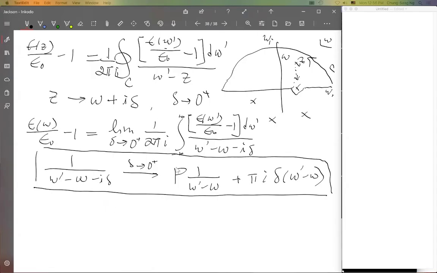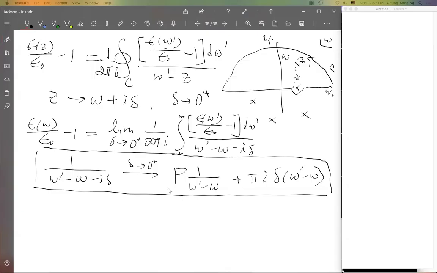The notation here, this capital P, is called the principal value or principal part. The delta function as well as this P is only meaningful if you put it under an integration. So both are interpreted as something you use after you do an integration. That makes sense.